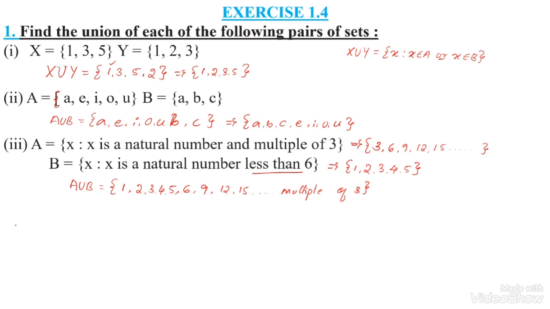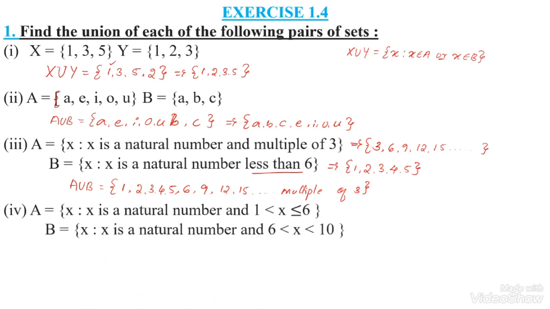Now, let us move on to the next question. Question number 4. Let A be a set containing a natural number x, the numbers which lie between 1 and 6. Here there is a less than condition, and we already know about intervals. Less than means the element 1 should be excluded, so don't write the element 1.